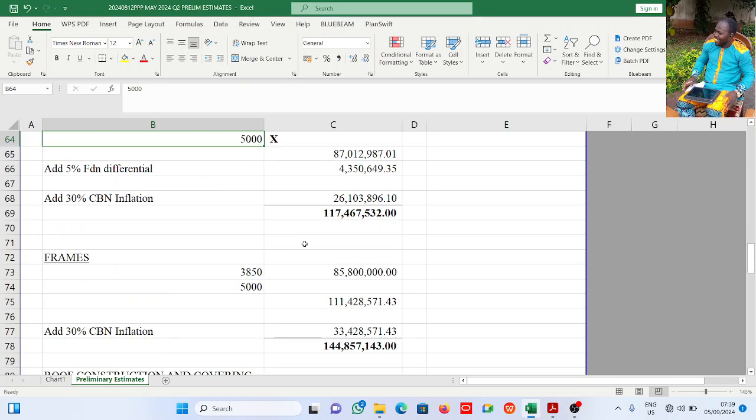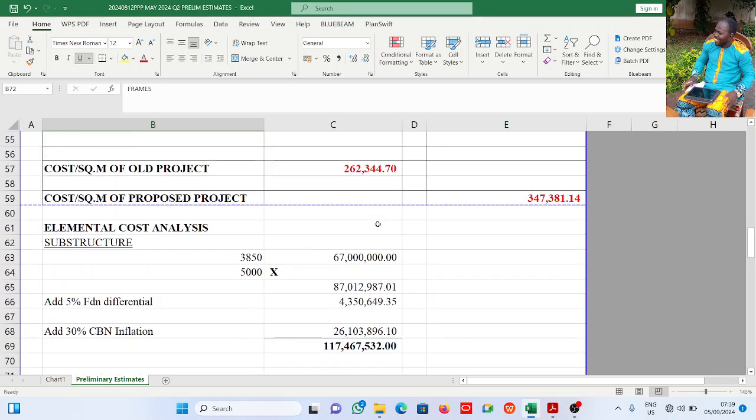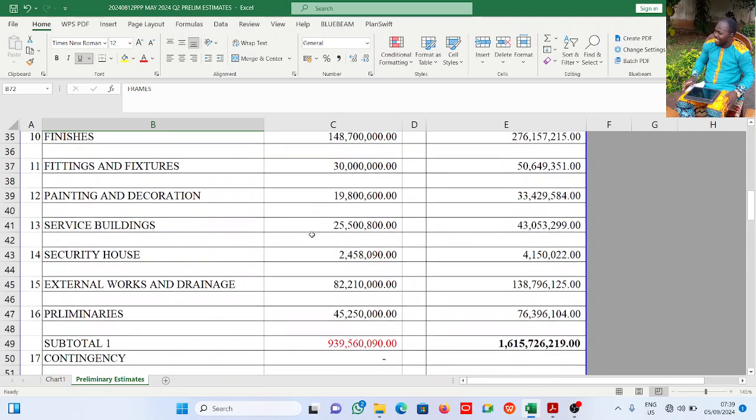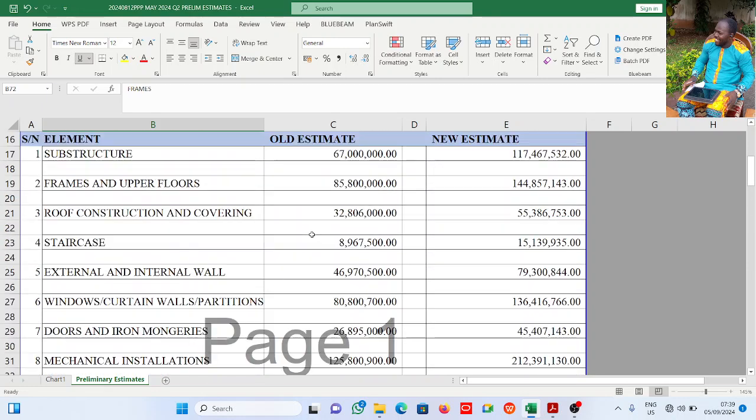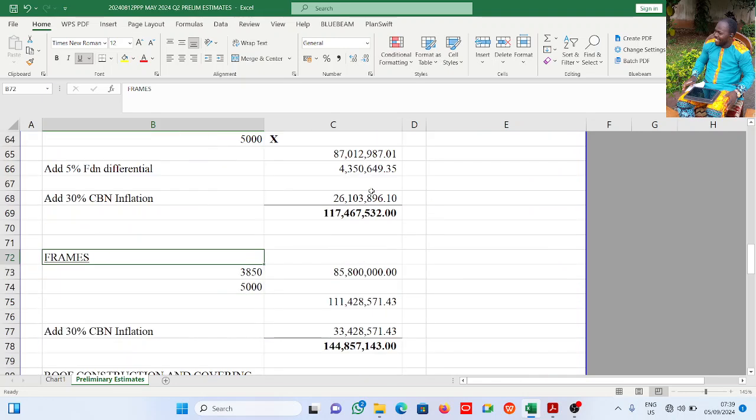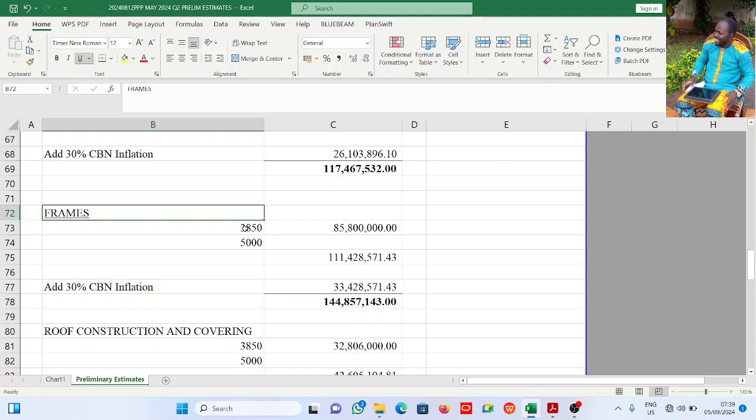Let's take another example, frames. The frames and upper floor is 85,800,000 naira. So a gross floor area of 3,850 gives me frames and upper floor of 85,800,000 naira.